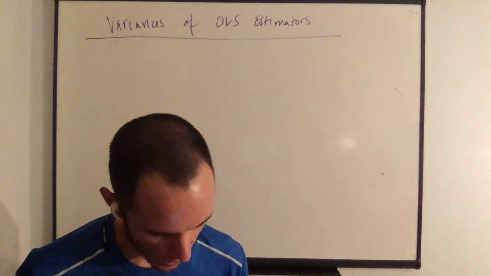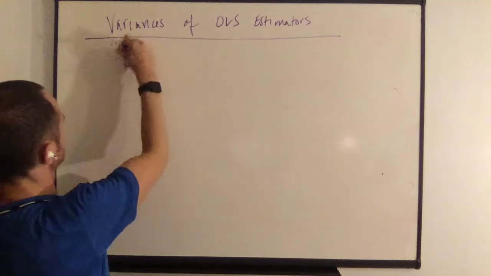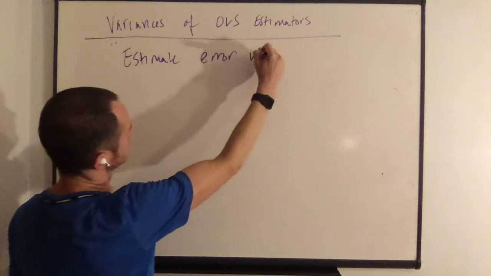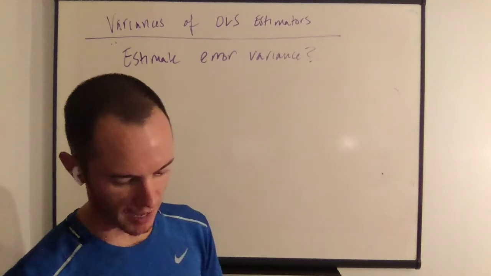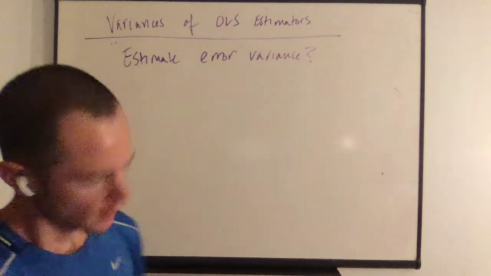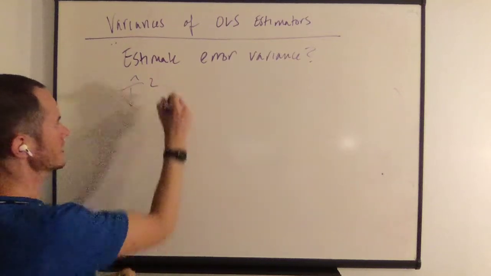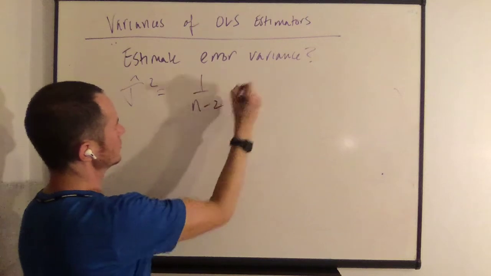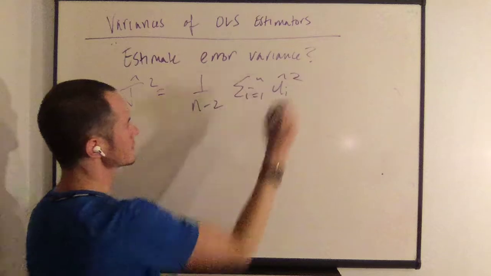So how can we estimate the error variance? Well, we'll use a sample to estimate the population parameter. The way that we can do this: sigma squared hat, with the hat to show that it's estimated, is 1 over n minus 2 times the sum from i equals 1 to n of ui hat squared.